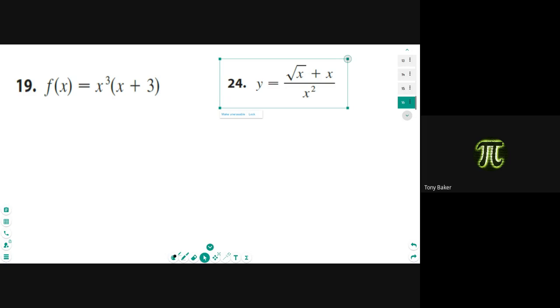Give you a little more here. This is fine. Actually, that's totally fine, the way you did it. A little bit of a roundabout way to get there, but it worked.